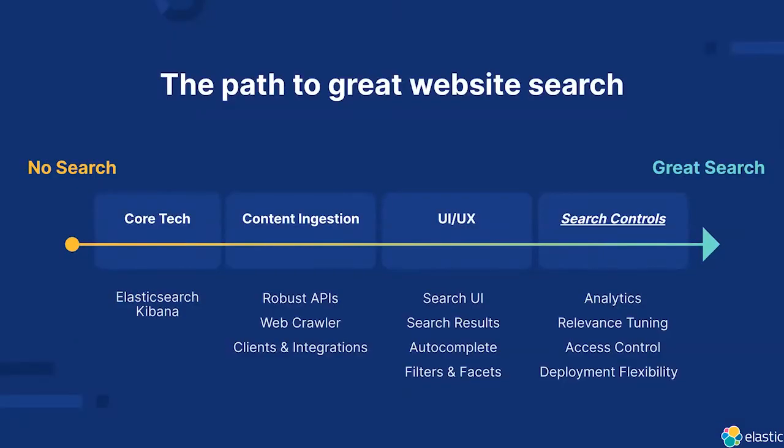Once that is sorted out, we talk about the search controls. There is a variety of search controls available. This is to make sure that we provide the tools for our users to configure or tune the relevance as per their requirements. Not all searches are equal. Every search is different in some way, and that's why these controls are important. The analytics help provide a proper feedback loop on what the users are doing.